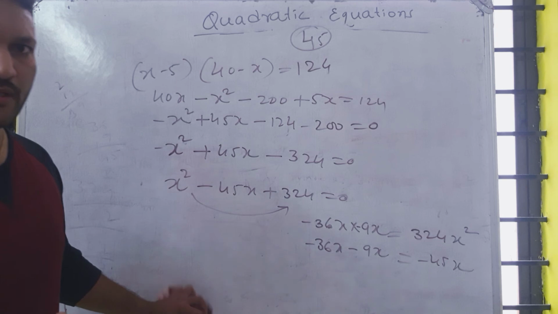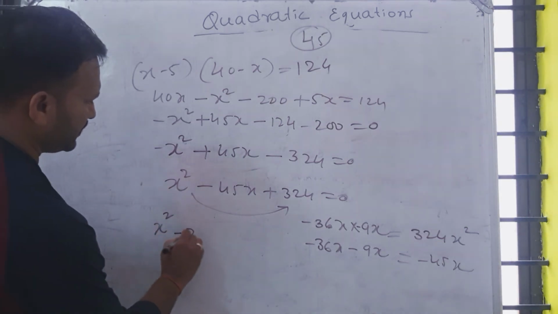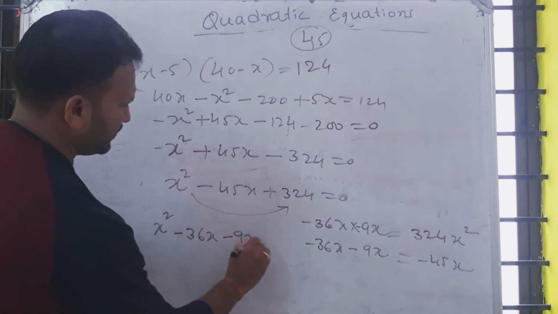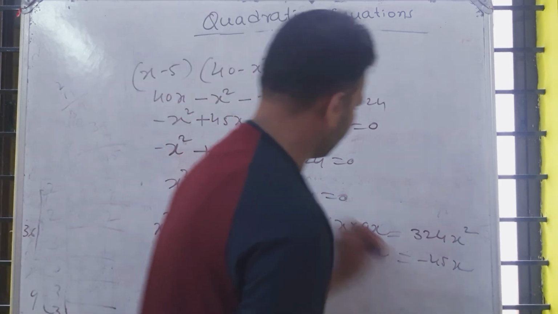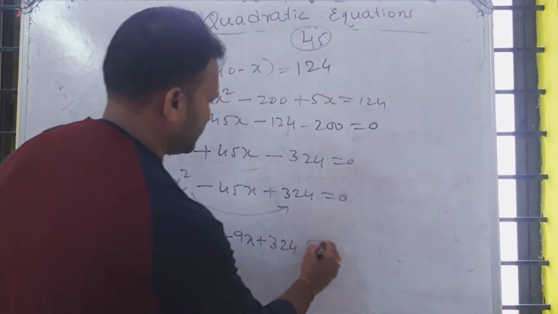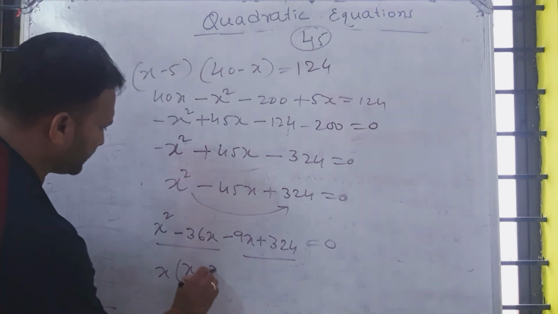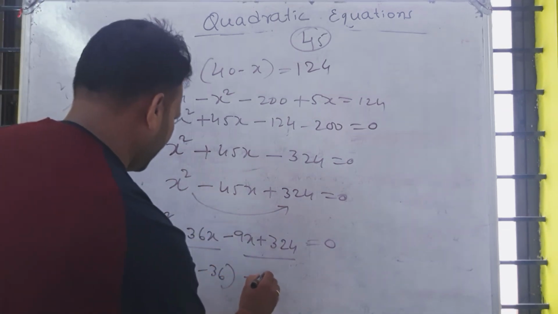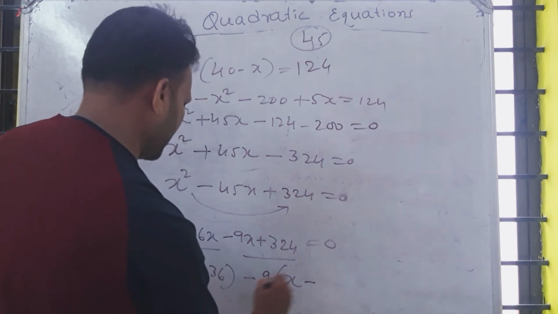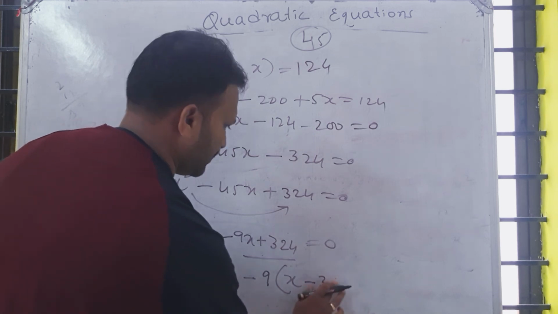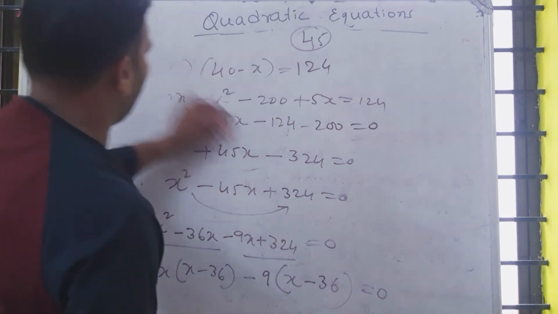At any time you can pause the video and check. X square minus 36x minus 9x plus 324 is equal to 0. Now you got 4 terms, take out the common one: x minus 36. If you take 9 as common, minus into minus plus, 9 into 36 you will definitely get 324.